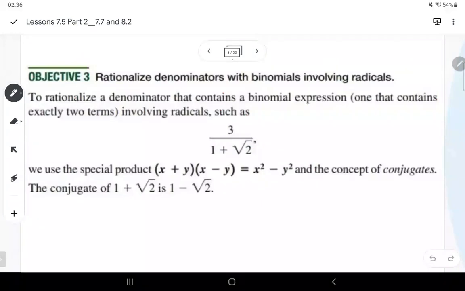All right. Rationalizing denominators with binomials involving radicals, what we're going to end up using is the conjugate. It's the product of the conjugate, and what happens is we end up eliminating the middle term, which helps us get rid of the radical portion.